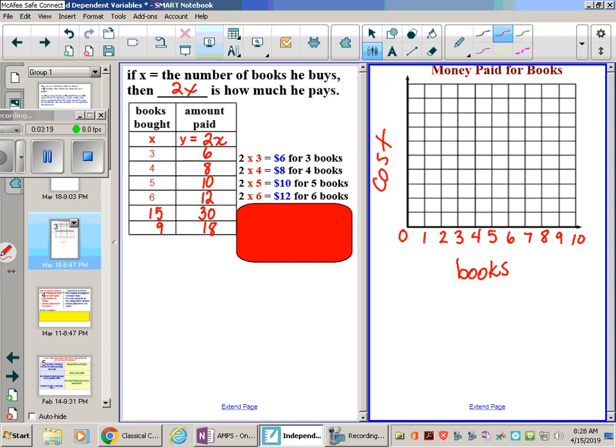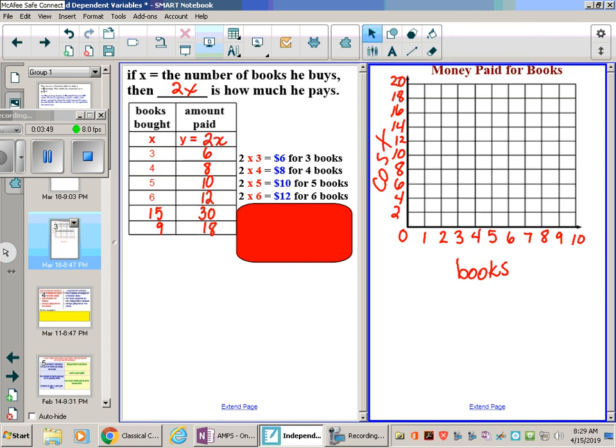We're not going to count by anything bigger than that because we don't really need to. If we counted by 5s, could we do that? Yes, but is it going to be as easy to graph the data? Probably not. So I'm going to choose by 2s. That's just going to make the data fit our graph pretty easily. So we've got 2, 4, 6, 8, 10, 12, 14, 16, 18, and $20.